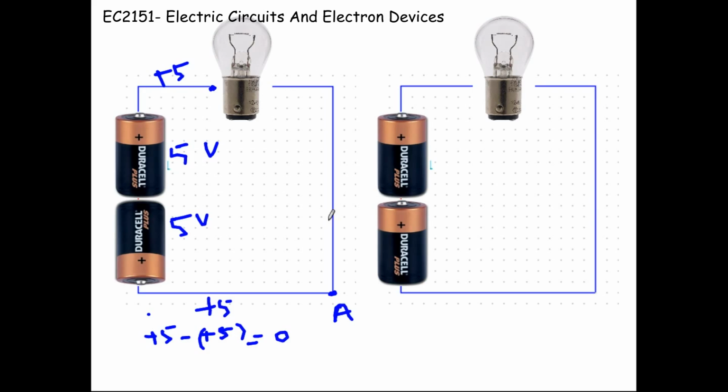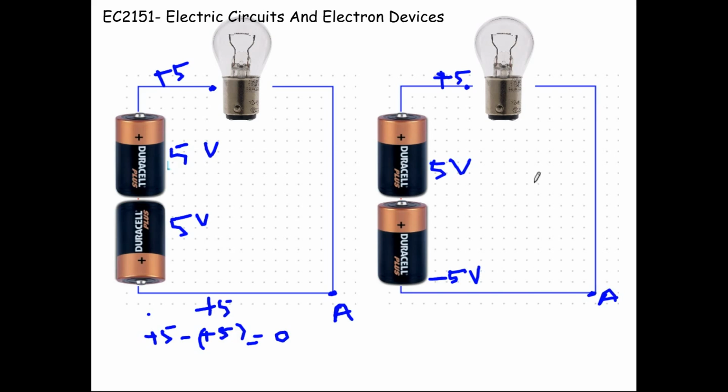So if we consider this area, here we have a positive 5 volt, right? So at this point we will have a positive 5 volt, and this is a 5 volt source connected to the negative, so we will have a negative 5 volt. Let's say this is point A, our reference point.